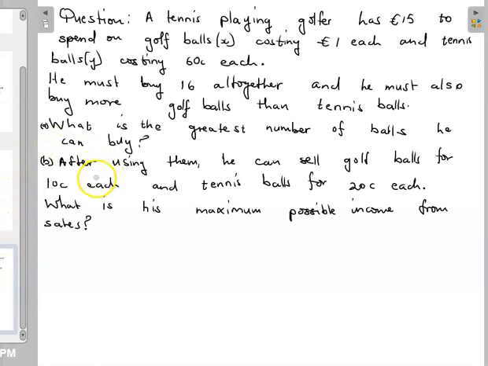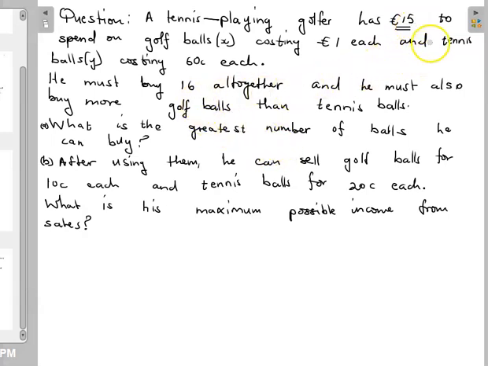So here is a situation. It says a tennis playing golfer has 15 pounds. If you look at this, there is no way he will spend 15 pounds 10 cents because he has 15 pounds. Whatever he has to buy must cost 15 pounds or less.